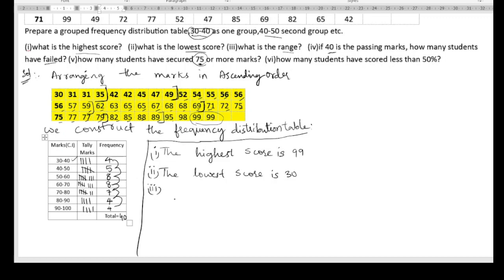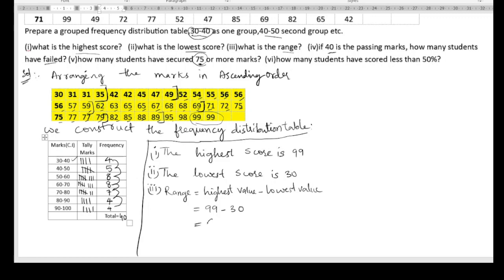In the third part we need to find the range, and we know that range means highest value minus lowest value. The highest value is 99, and the lowest value is 30.